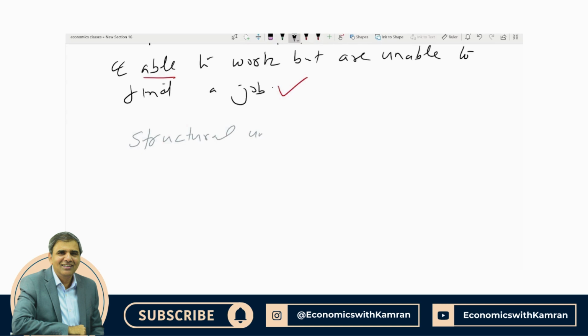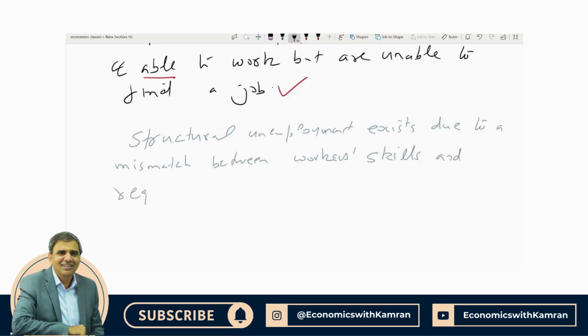Structural unemployment exists due to a mismatch between workers' skills and requirements of the job.